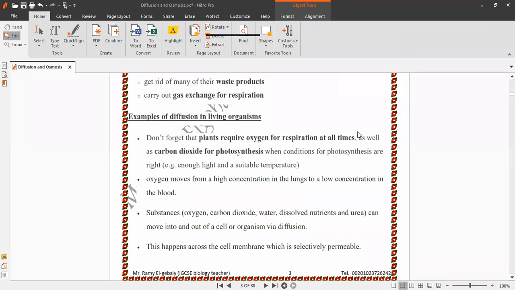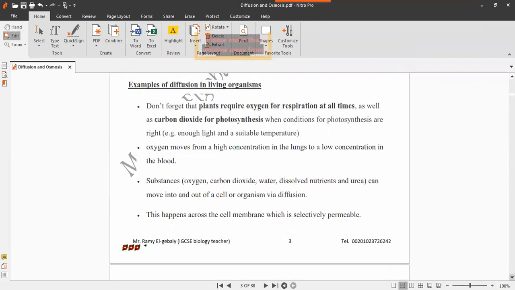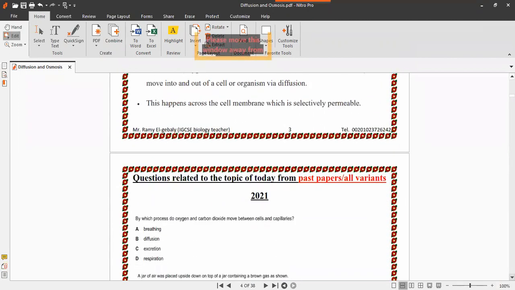These are examples of diffusion and the importance of diffusion for the cell to obtain requirements, to get rid of waste products, to carry out gas exchange for respiration.